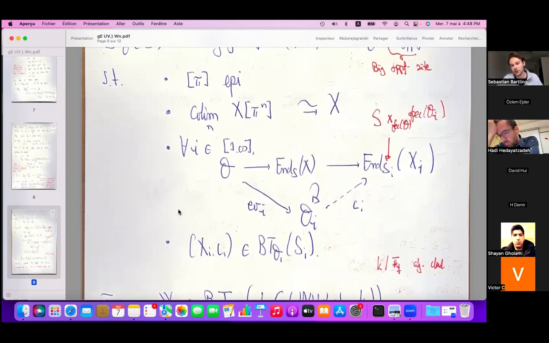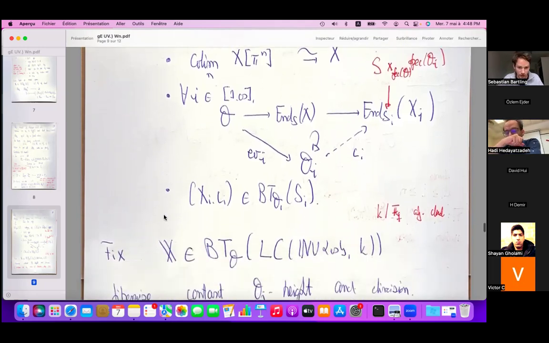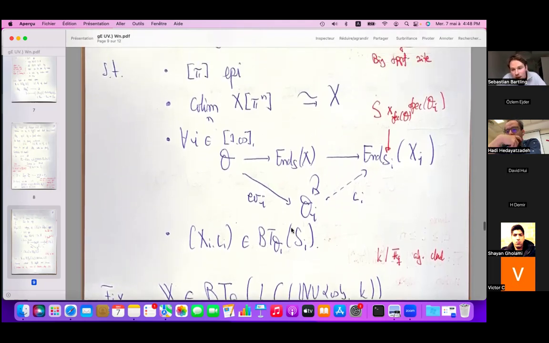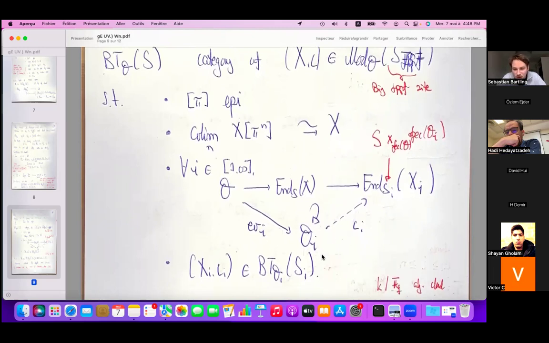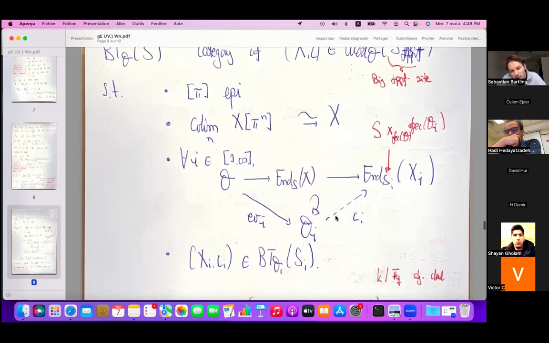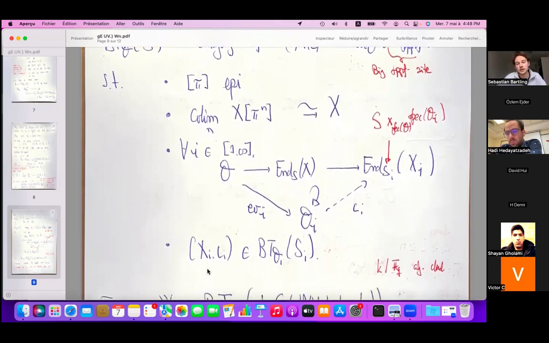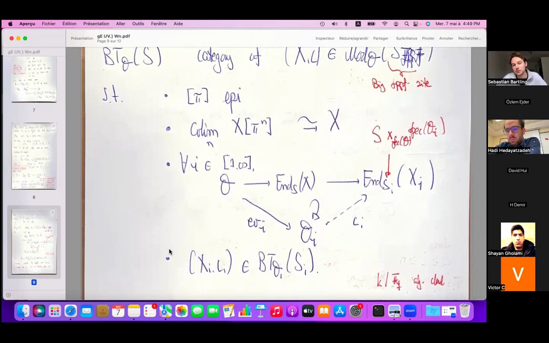So now I have this gamma I, the OI action on the fiber, and I can just require that X_I with gamma I is a BTOI. Okay, that's the definition of the objects we want to parameterize in our modular problem.